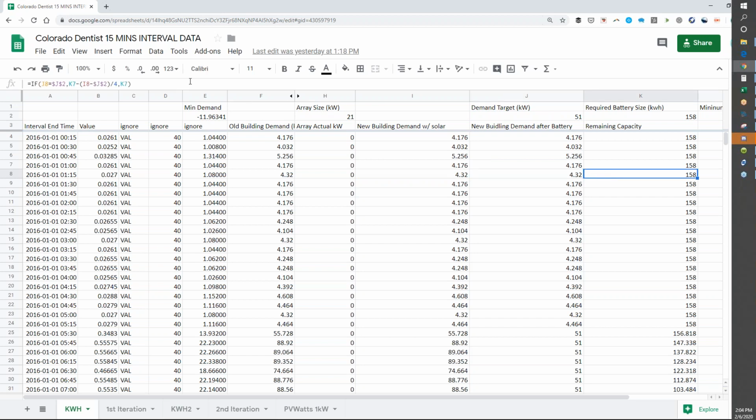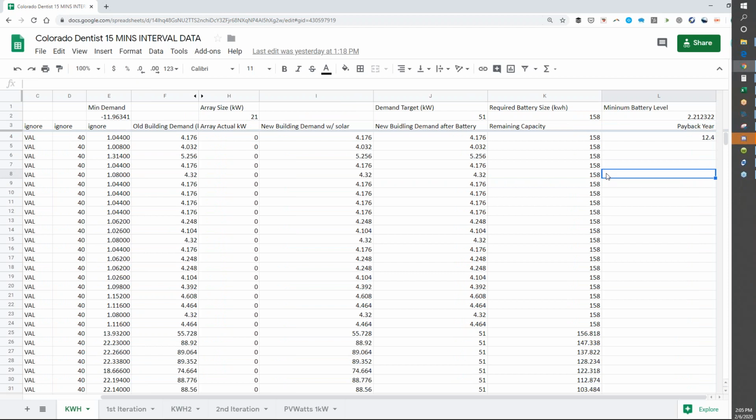After that, I subtract out the energy difference between the new building demand and the old building demand. I say, okay, in order to make that happen, I've had to take out X many kilowatt hours from my battery. That was the first attempt.